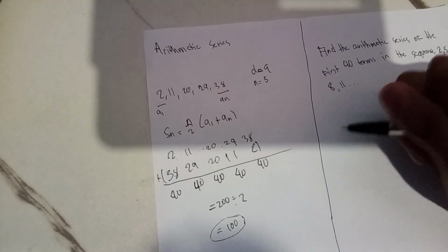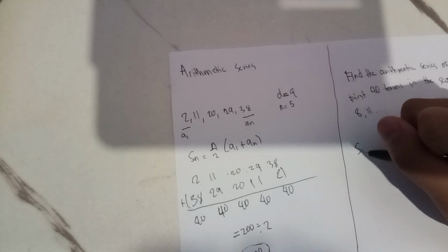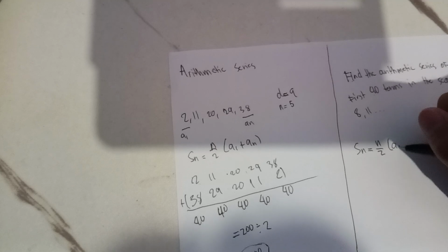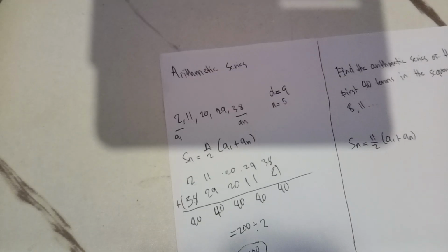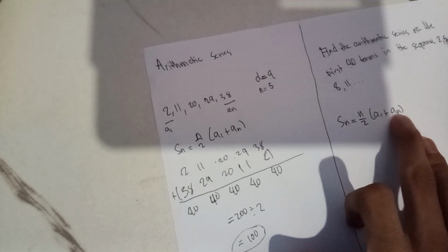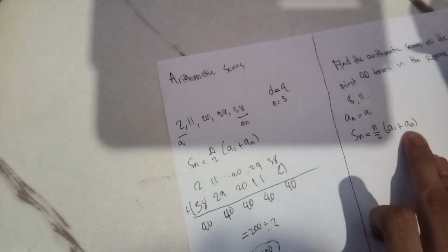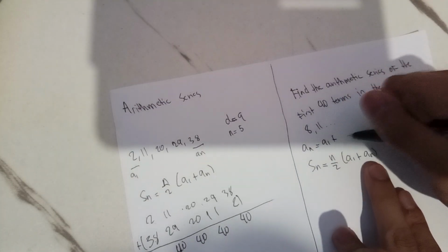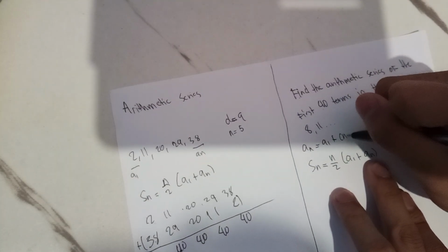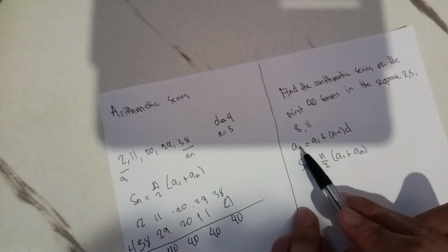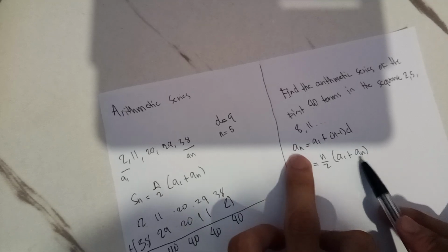So, write natin si arithmetic series formula. So, series is equal to n over 2 times a1 plus last term. We know na ang last term is equal to a1 plus the value of n minus 1 times d. So, since an is equal to this, we can replace an by this also.